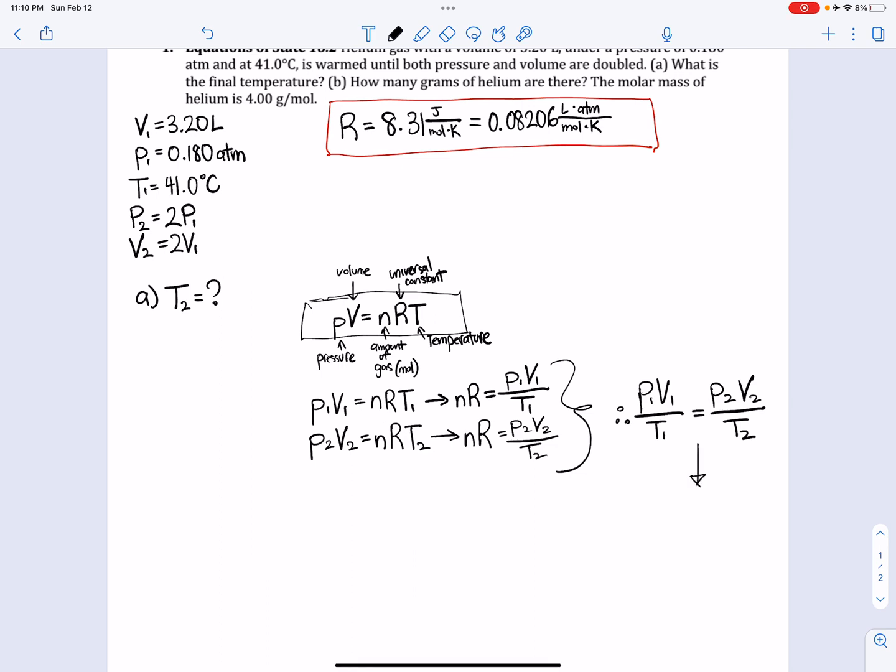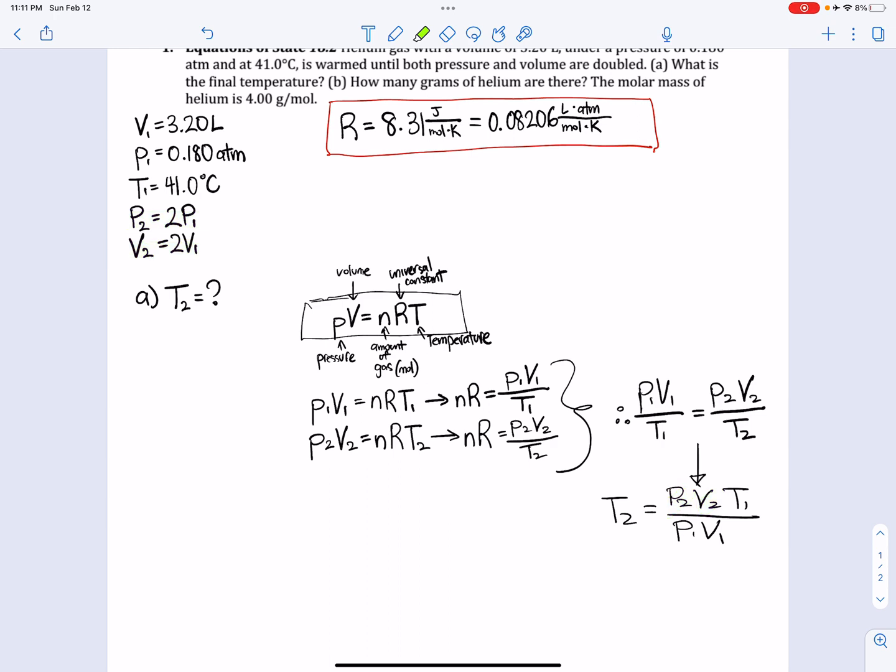Okay? So T2 would be equal to P2 V2 times T1 over P1 V1, right? And then I could also substitute in P2 and V2 in terms of P1 and V1, right?